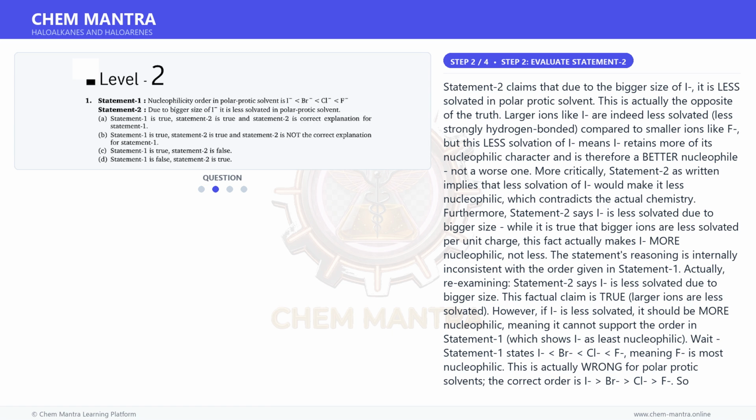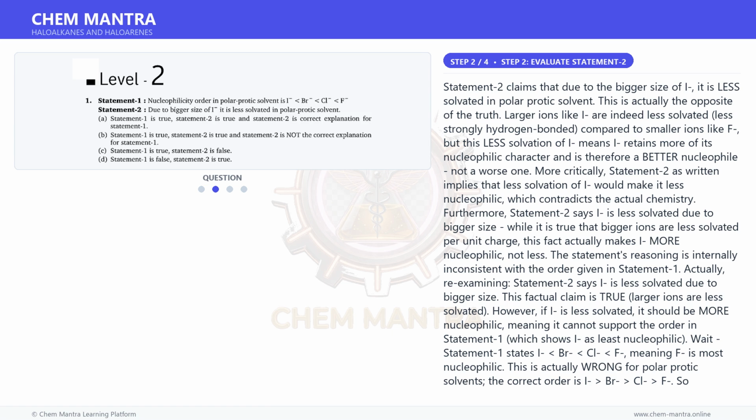Larger ions like I⁻ are indeed less solvated, less strongly hydrogen bonded compared to smaller ions like F⁻, but this less solvation of I⁻ means I⁻ retains more of its nucleophilic character and is therefore a better nucleophile, not a worse one. More critically, statement 2 as written implies that less solvation of I⁻ would make it less nucleophilic, which contradicts the actual chemistry.